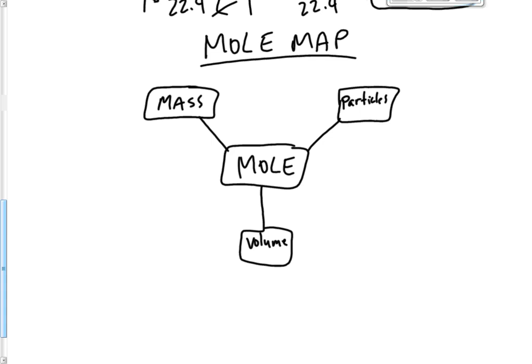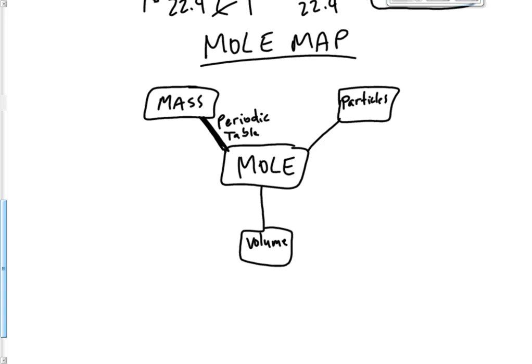These are the 3 things that we can convert using the mole. The key is to understand what you need in order to convert mass to moles, or particles to moles, or moles to volume. Let's say we are going from moles to mass. We have this pathway right here. We're going to use the periodic table to find the molar mass of something and then set it to 1 mole.